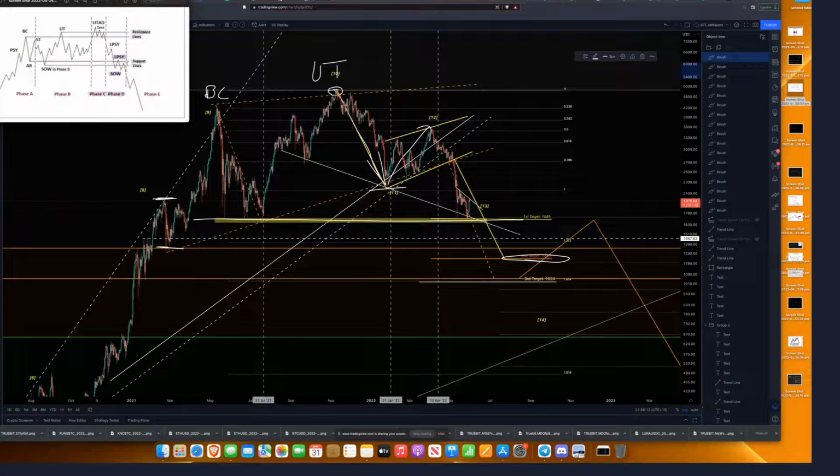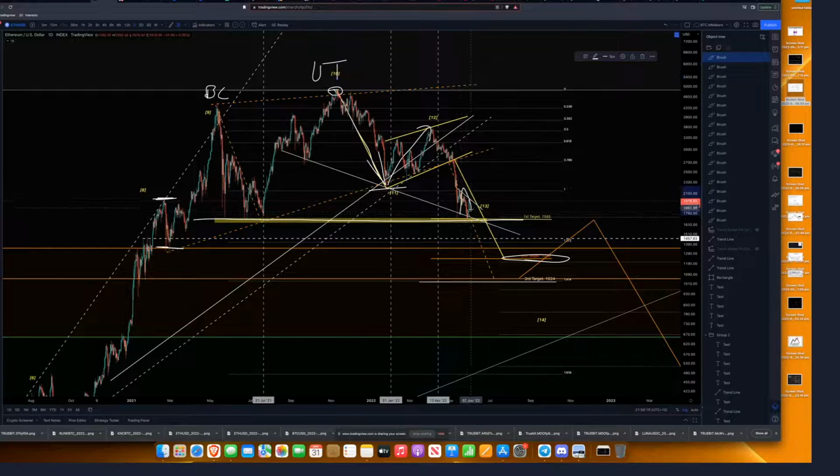What we're doing is we're going through this stage here, LPSY. So the LPSY, I don't see it going too high. It could be some sort of triangle or ascending wedge where we just go up and then drop. So I don't see it going that high at all.